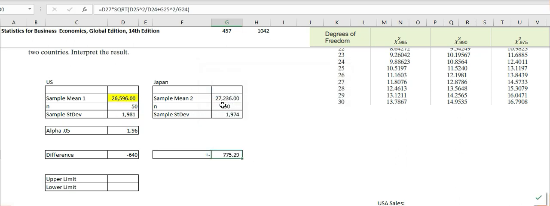So that's the confidence interval margin.